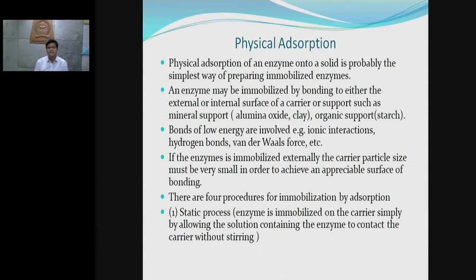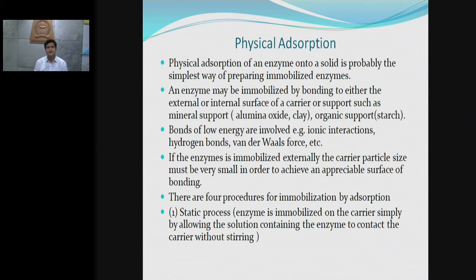Bonds of low energy are involved, predominantly ionic interactions, hydrogen bonds and van der Waals forces. These enzymes are externally very important. They have limited particle size and we can achieve appreciable surface bonding.